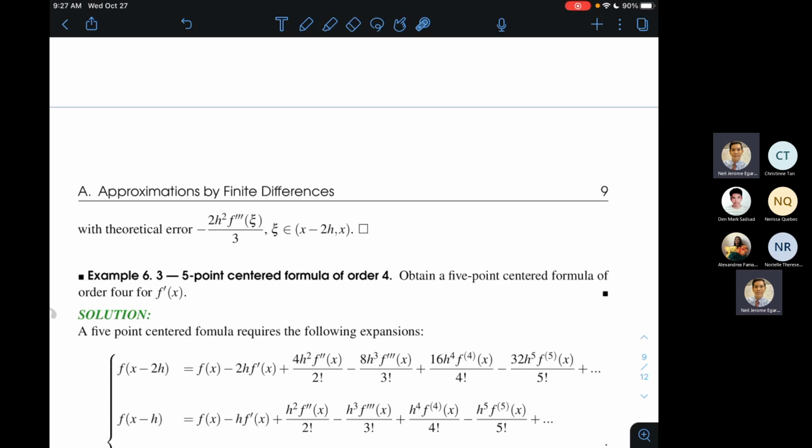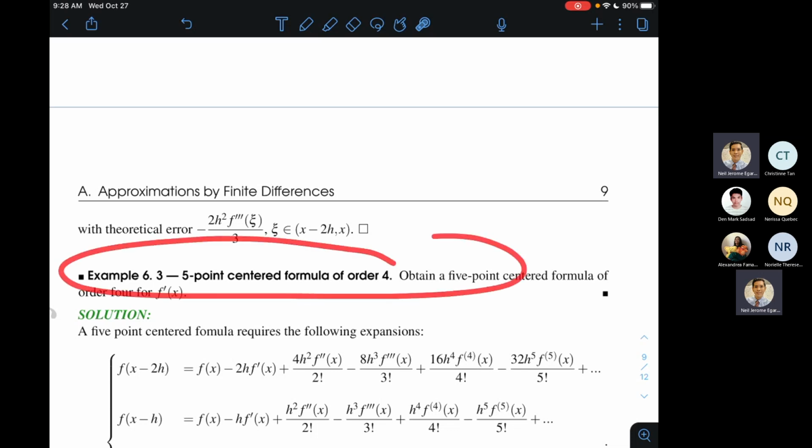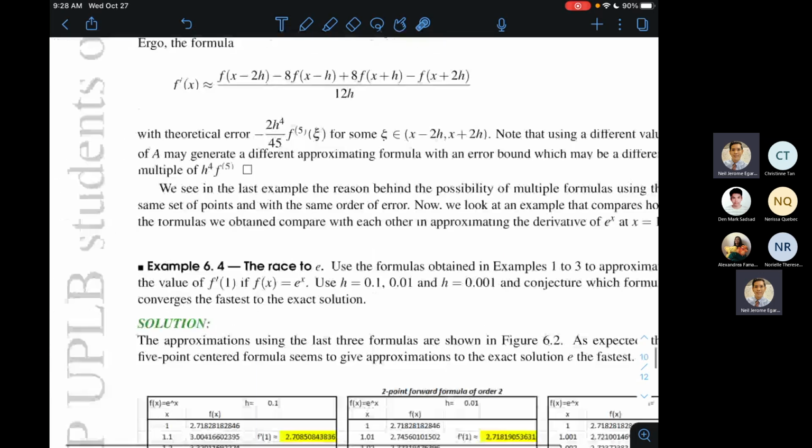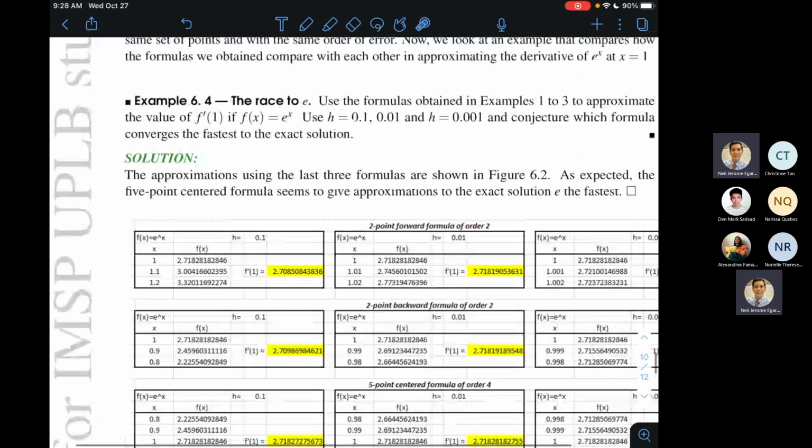We not only got a formula for the derivative, but also an error bound, a theoretical error. Actually, not just an error bound, but the exact theoretical error term that we can use for further analysis. So for Friday, we look at example 6.3 and probably look at what else is here? Yeah, try to use this formula.